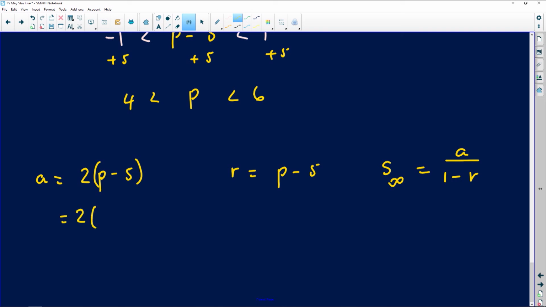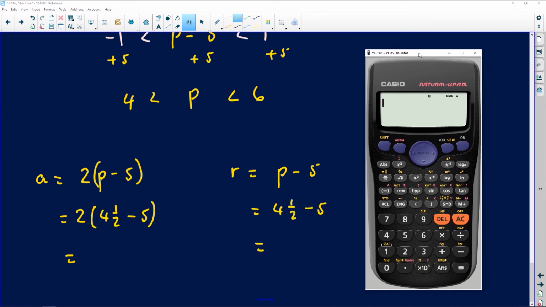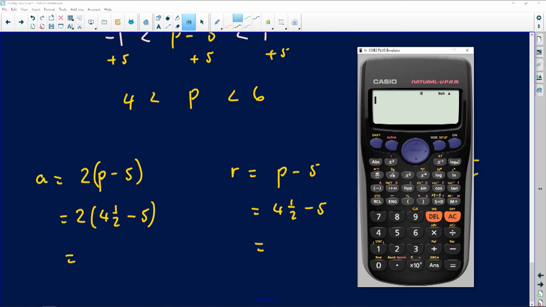This is 2 into 4.5. This is how they wrote it. I'm going to write it like that because I want you to learn something, right? And then again, p is 4.5. So 4.5 minus 5 equals, right? You people don't know how to use your calculators. Not all of you, of course, but some of you struggle to use the calculator whenever you're dealing with mixed fractions.